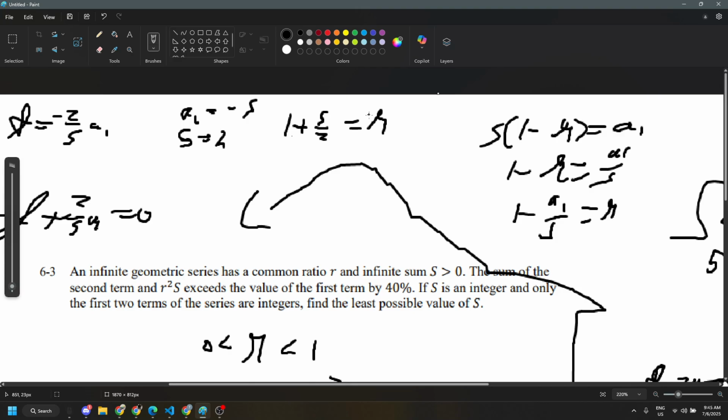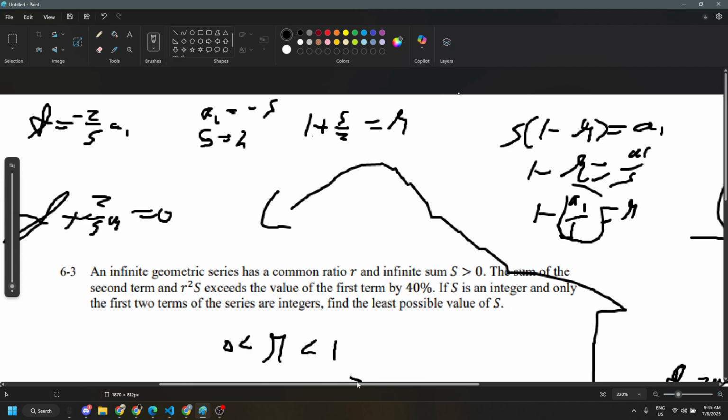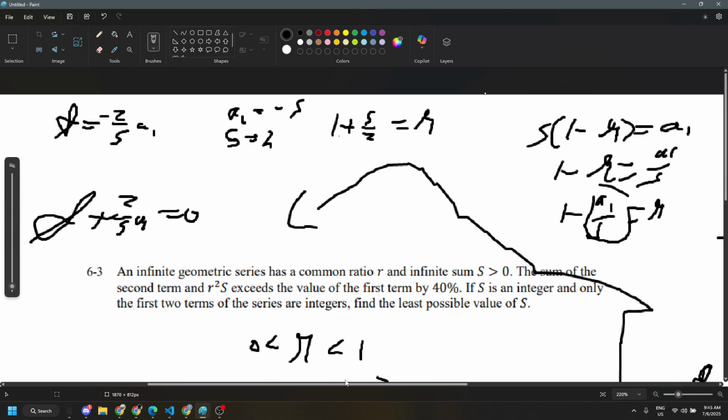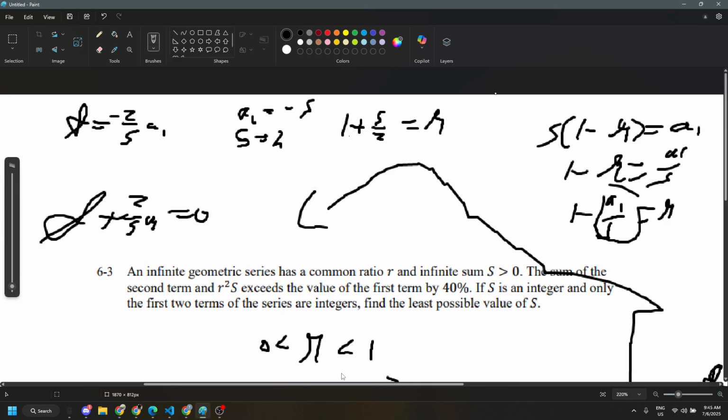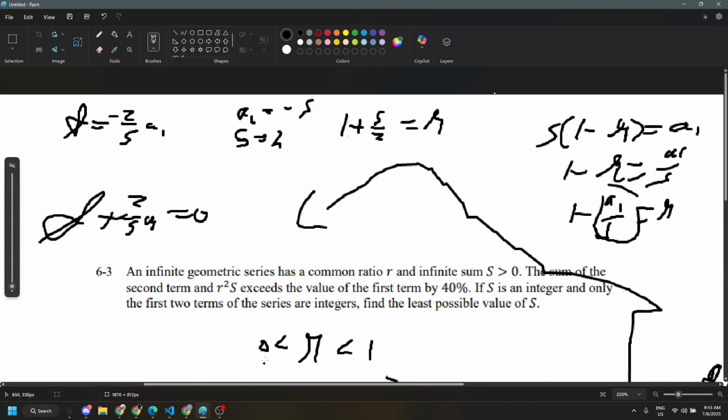But if we make this term positive, that makes it greater than 1, and that's impossible. So then A1 can't be negative, but A1 has to be negative. Okay, I don't know what I did wrong.